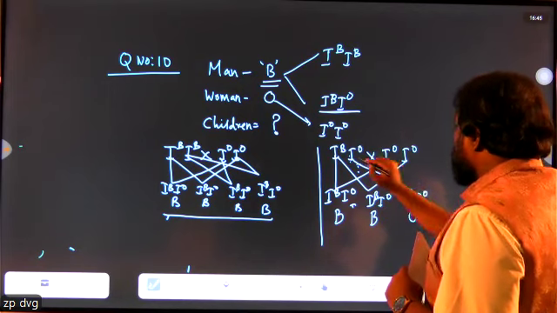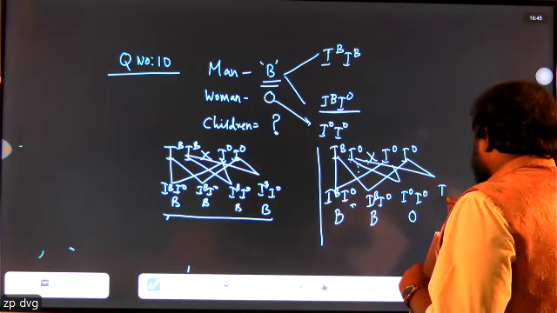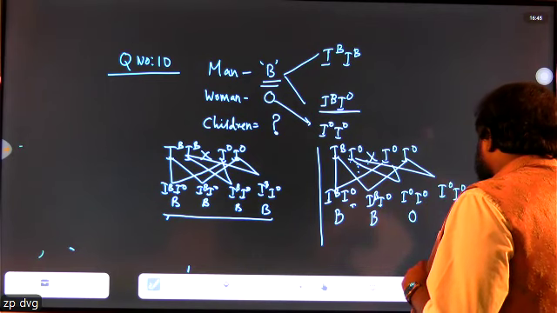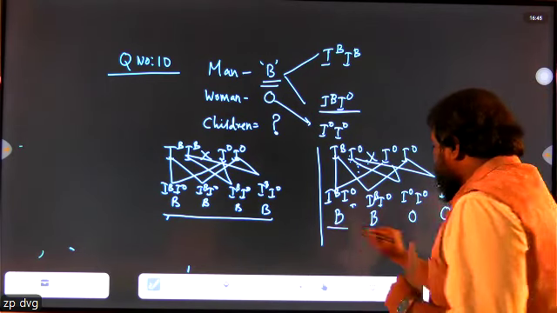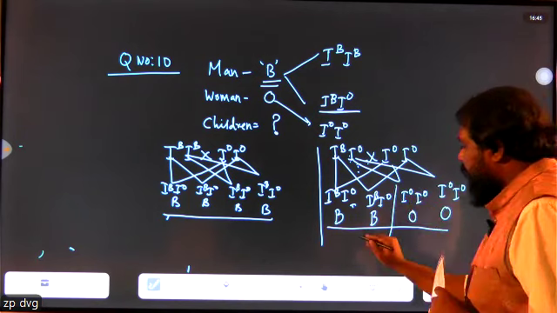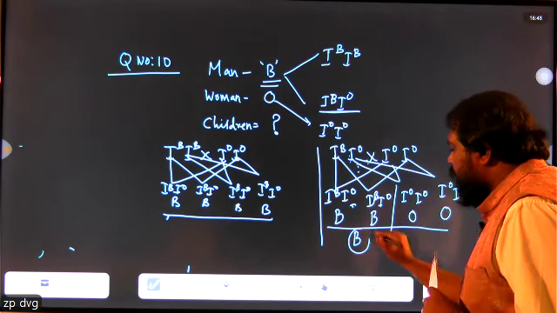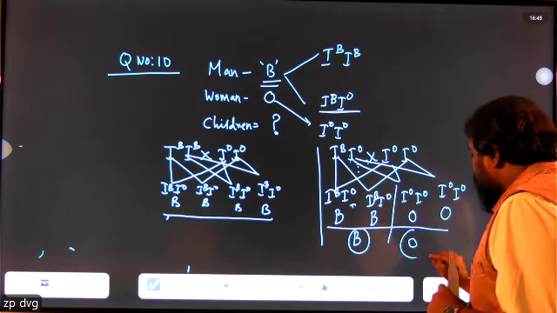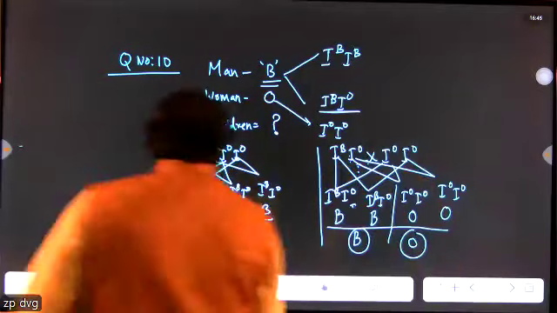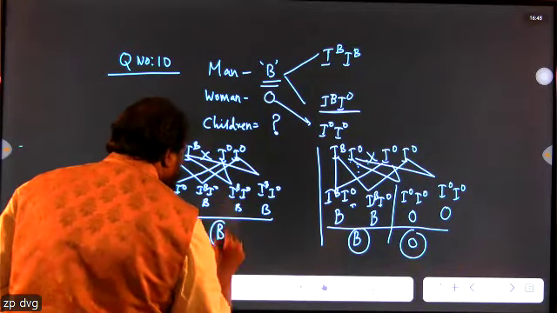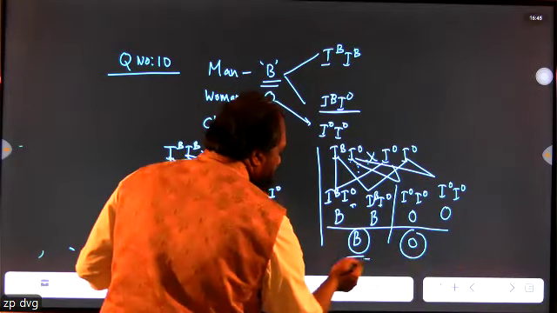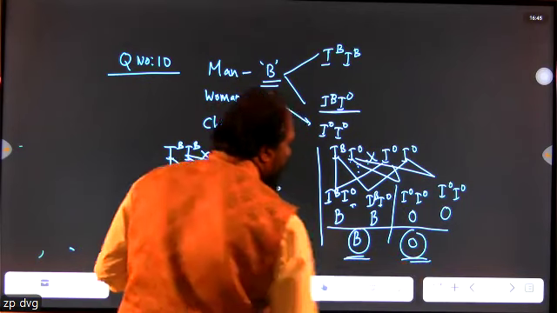IOIO, O blood group. Again, IO and IO will produce O blood group. So, what is the second possibility? The child may have B blood group or the child may have O blood group. So, two possibilities are there. All the children will have B blood group, or some children will have B and some may have O.